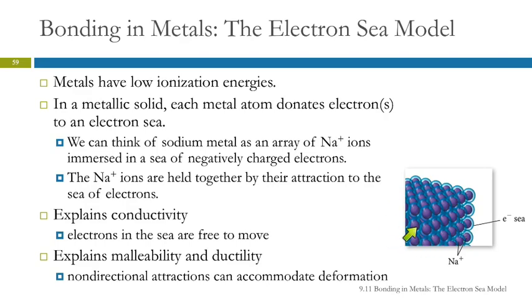Here we have totally non-directional attractions, and these can accommodate deformation. So if you dent this, if you hammer it, they can just move, and it's flexible. It's not flexible like rubber or something, but it can move without totally losing its grip on the other atoms.